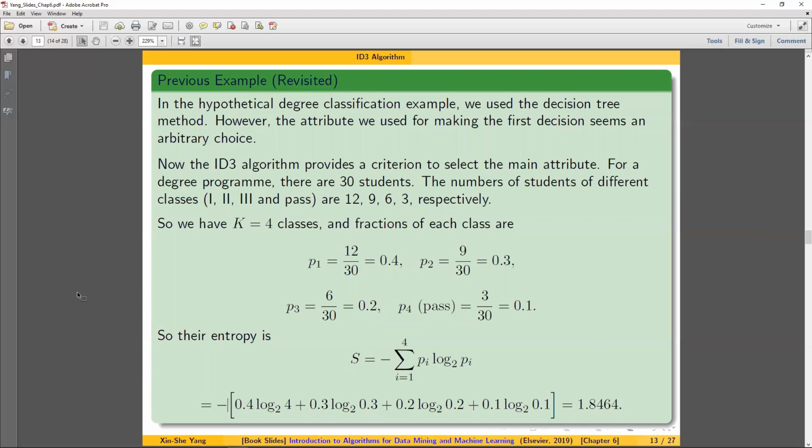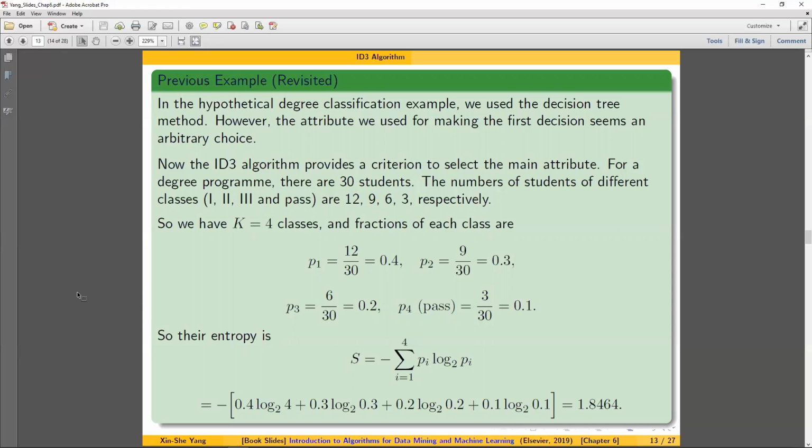Now let's take a look at the hypothetical degree classification example that we have. Let's look at how ID3 would work on that example. First of all, the mark that a student can get would be in four categories: 1, 2, 3, and pass.